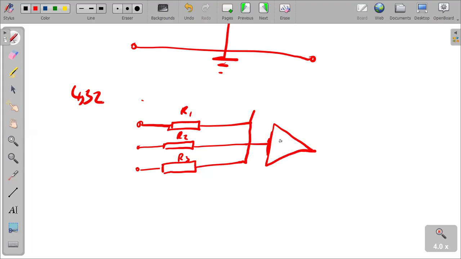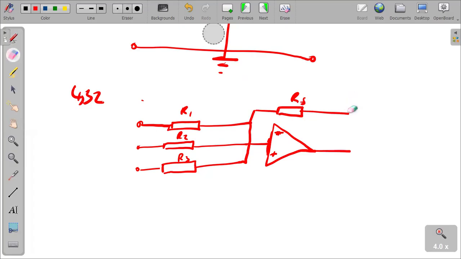That's okay, there we are. And then we have the positive. Let's try to make it a little bit neat. There we go. And then we have RF at this point. That marks our feedback resistor there. Then they are interconnected.